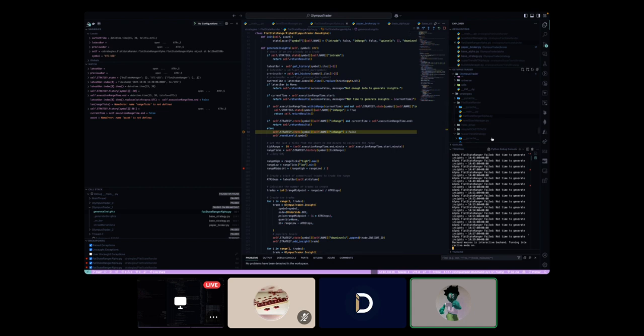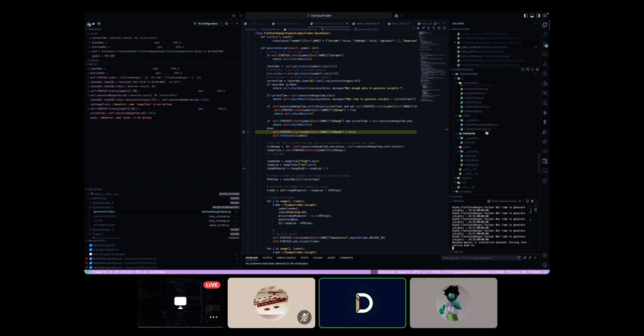The backtest is made using data from the real market, right? Yeah, this one is Yahoo Finance.